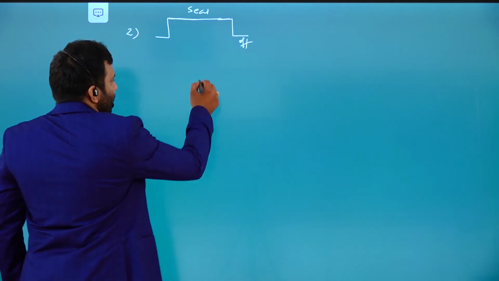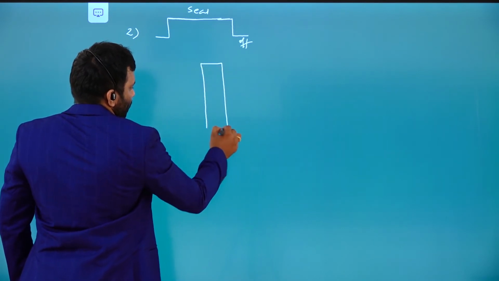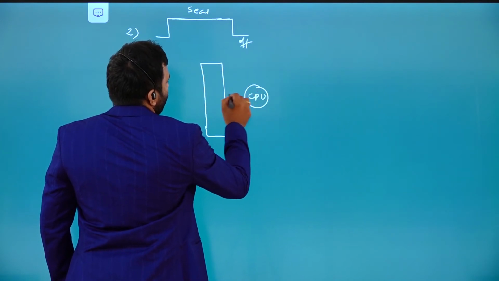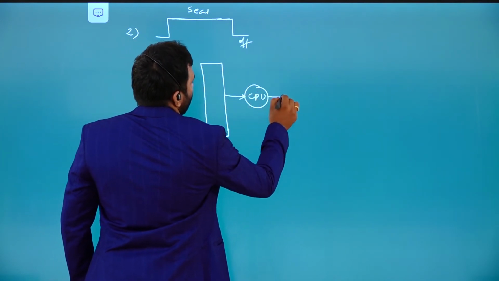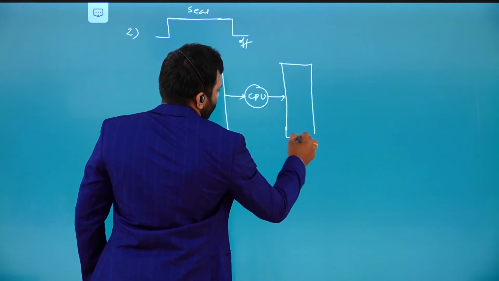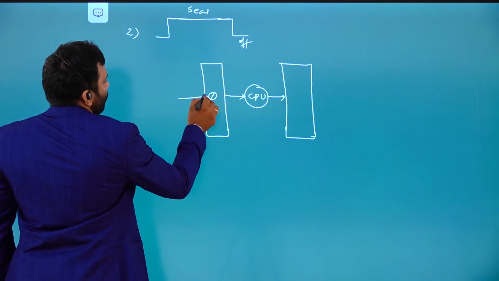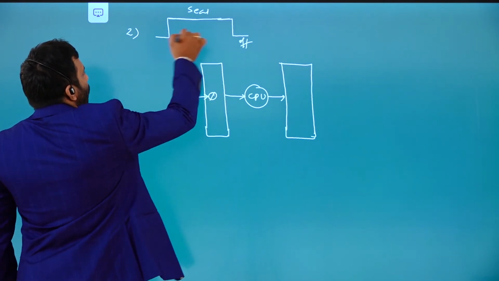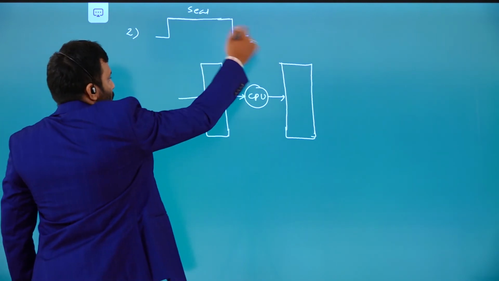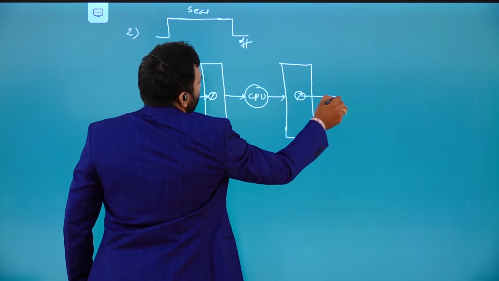For this second application also, what do we need for the input module? The CPU is there, taking data from the input module and controlling the output only. One terminal in the input module is going to be used to turn off the motor, which is connected to any one terminal.